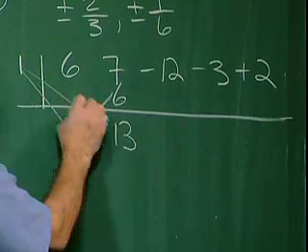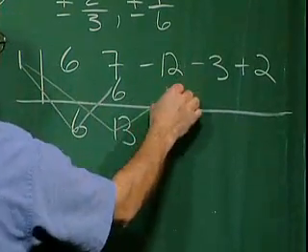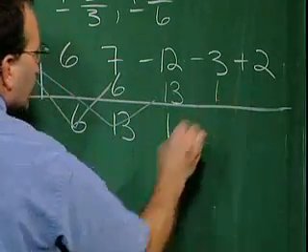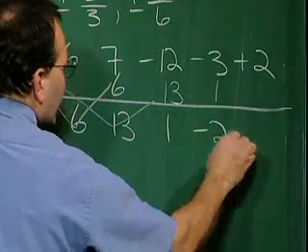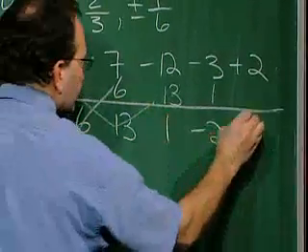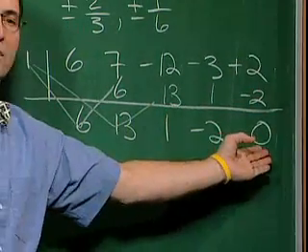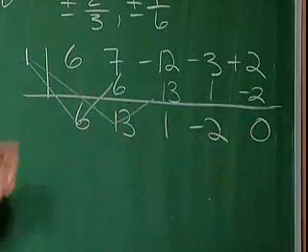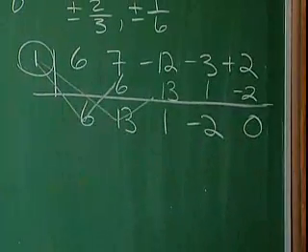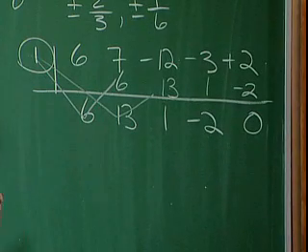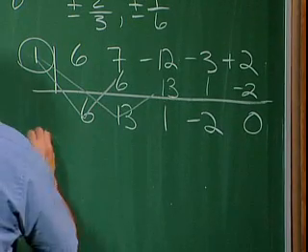Repeat the process, 1 times 13, add them together for 1. Repeat the process, 1 times 1 for 1, add them together for -2. Repeat the process, -2 adds up to 0. The fact that that term is a 0 tells us that 1 is in fact a root of this polynomial. Now, let's check to see that -2 is a root.